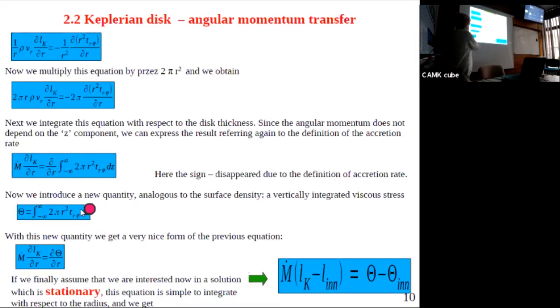And we cannot do much with this expression, but we introduce a new quantity, which is the integrated stress tensor.